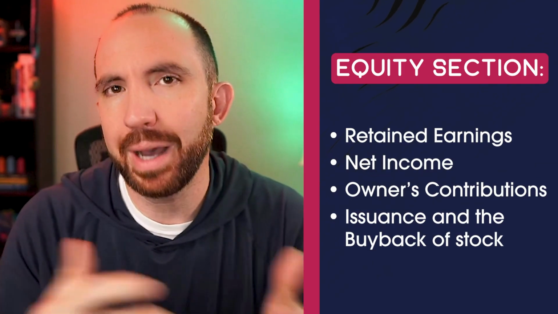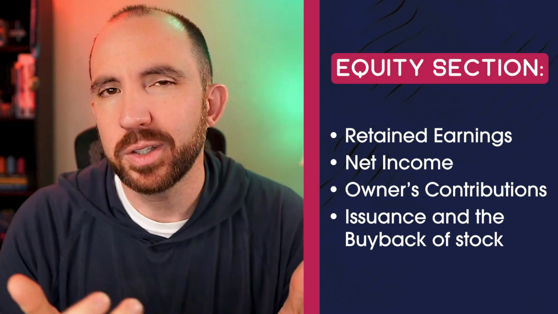So some additional things that could possibly be on your balance sheet pertain to the issuance and the buyback of stock. If your company doesn't have stock, then these are not going to be relevant for your business. But if you are a business where you issue stock to your investors because you're set up as a corporation, or if you're looking at the financial statements for publicly traded companies, then you're going to potentially see additional paid in capital, or you're going to see treasury stock on the balance sheet as well.